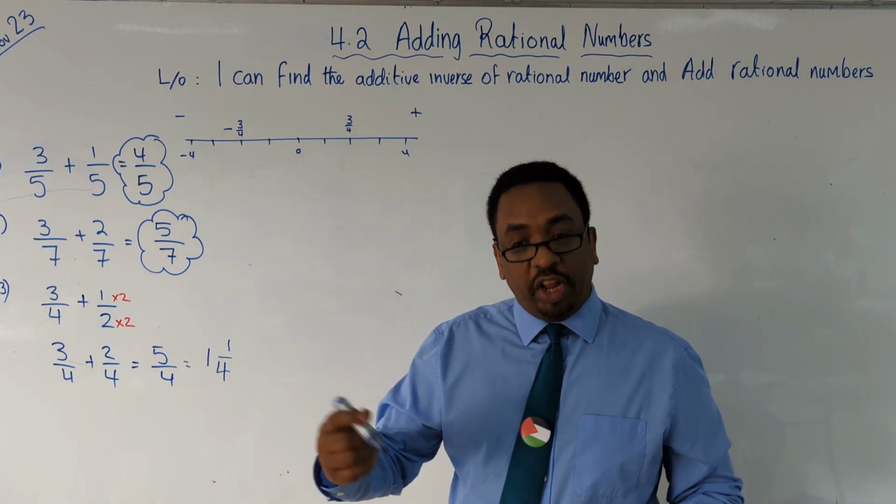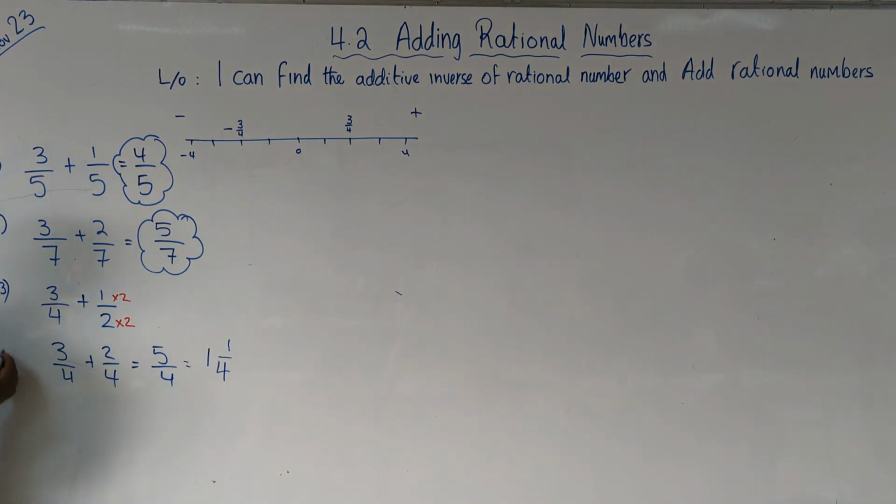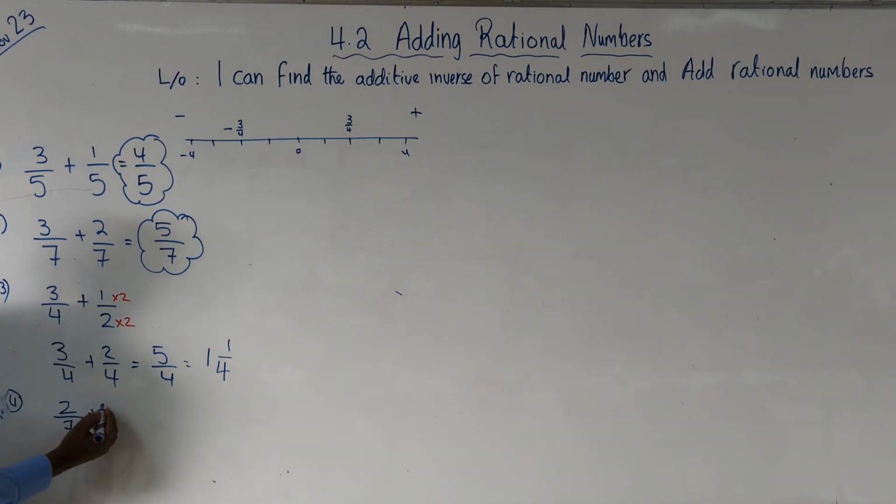Okay? So let's do one more example. So this was number 2, number 3, let's do number 4. Okay, now, can you girls try this for me? If you have 2/7 plus 3/14.